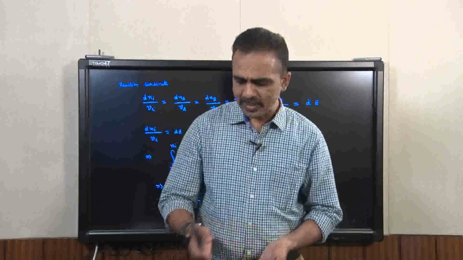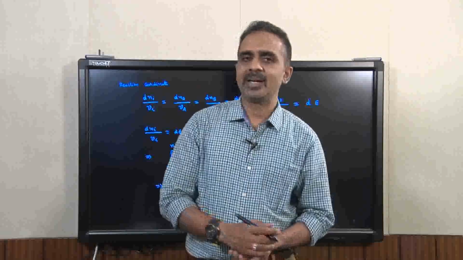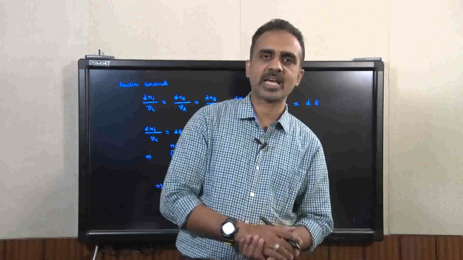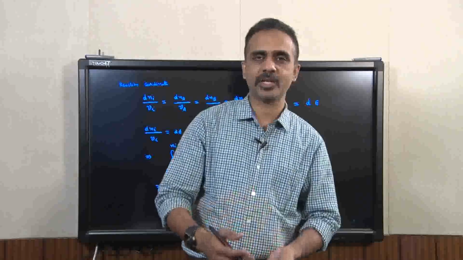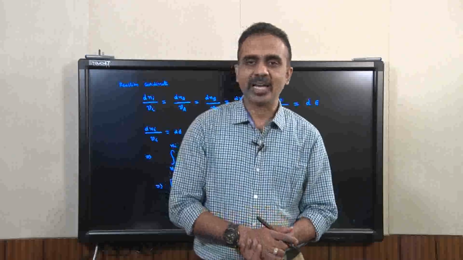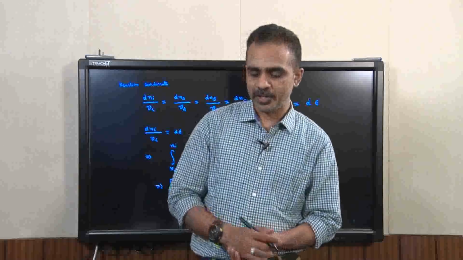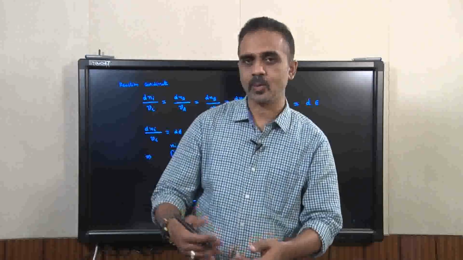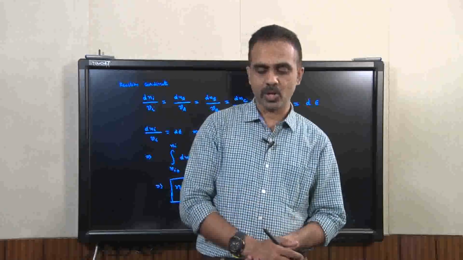Now, what this will help us is to calculate the number of moles, but in general in our thermodynamic analysis, as you can recall, what we are interested in most of the times is the mole fraction. And in fact, we can do a little bit of manipulation of this equation to get the mole fraction also.